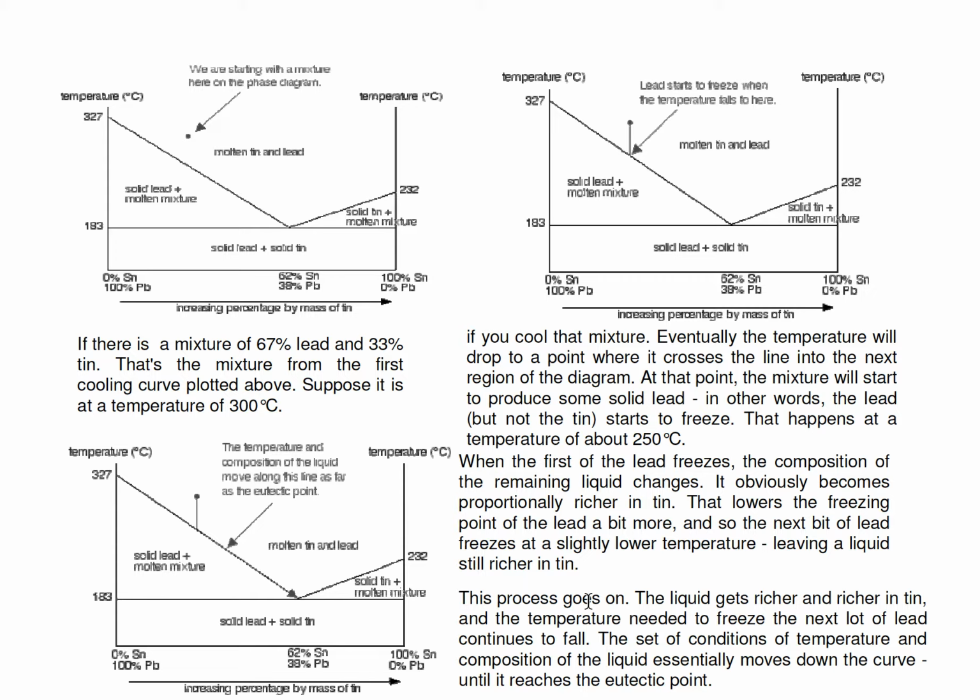So we are starting with the mixture here on the phase diagram, and next we have here, lead starts to freeze when the temperature falls to here. And next, the temperature and composition of the liquid move along this line as far as the eutectic point. Okay, so here we have the eutectic point.